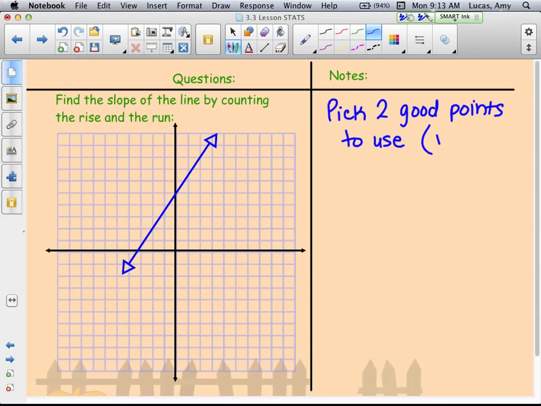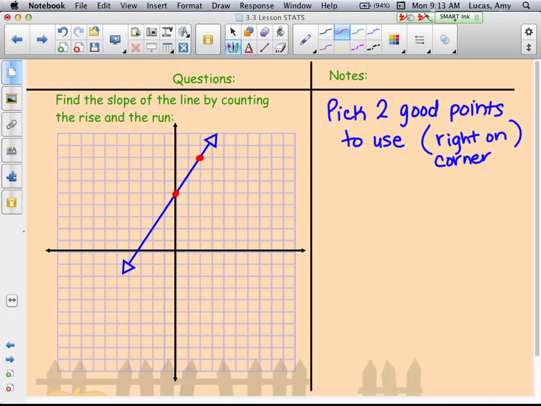So it has to be right on the corners. So I am going to say that this point looks really good to me. And then if I follow along the line, this point would look good as well.